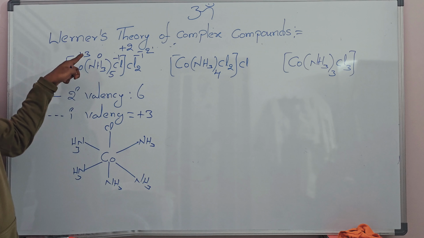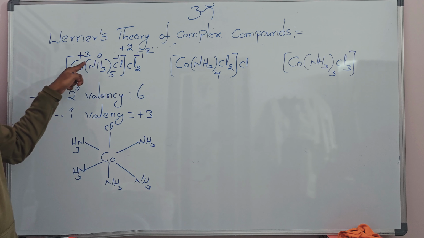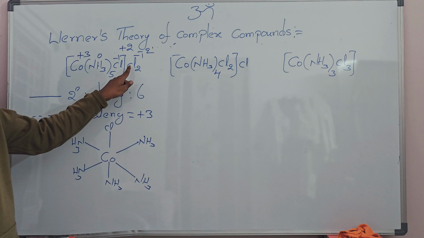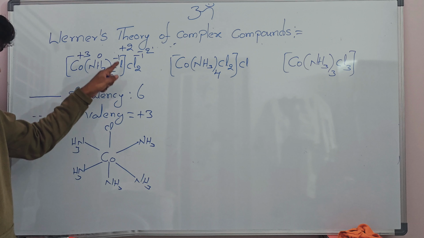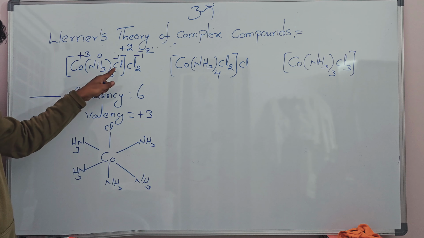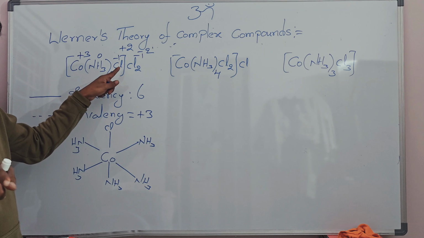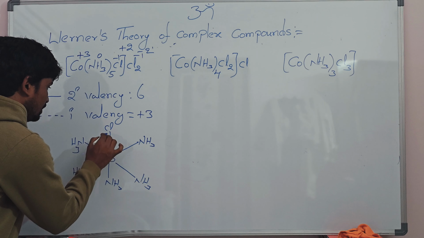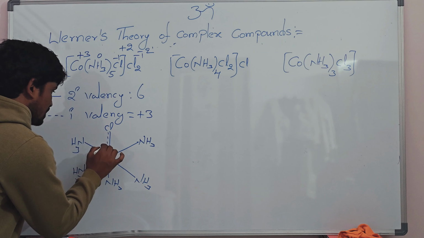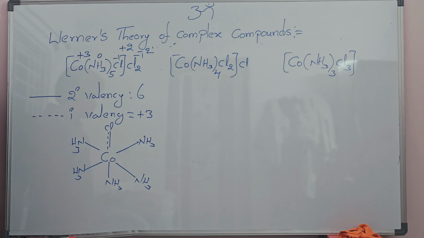The reason is that the oxidation state of the central metal atom depends not only on the ions present outside, but also on the Cl because of its charge. So this Cl satisfies the primary valency as well as the secondary valency, and it is represented with both lines like this.